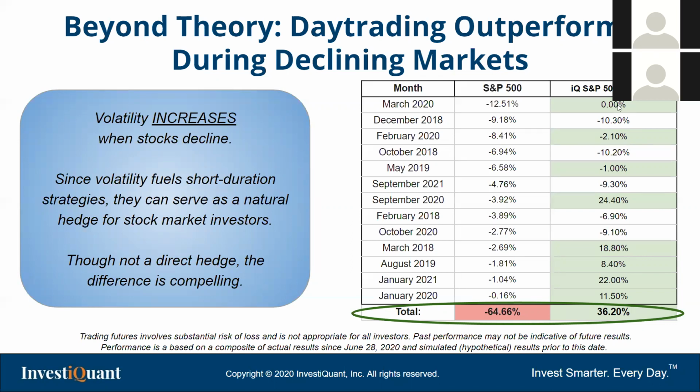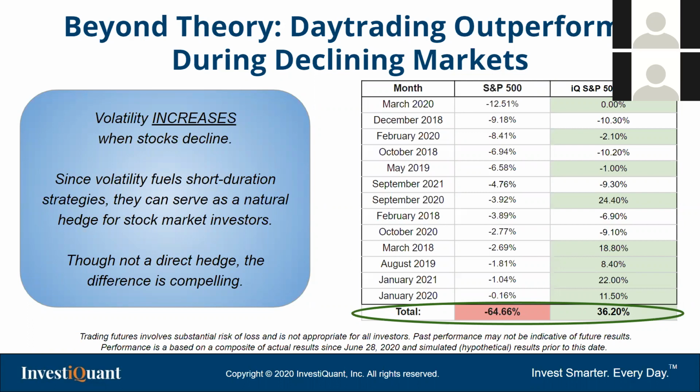Generally speaking, we are able to beat the S&P 500 during those down months, and those are highlighted here in green. You can see there are certainly more months that are better than those that got beaten by the S&P in the down months. But the big key is down at the bottom. If you look at the down months since 2018 for the S&P 500 and combine them all together, it's minus 65%, whereas a short-term trading portfolio that trades that same S&P was up 36% in real live trading, over those same periods.